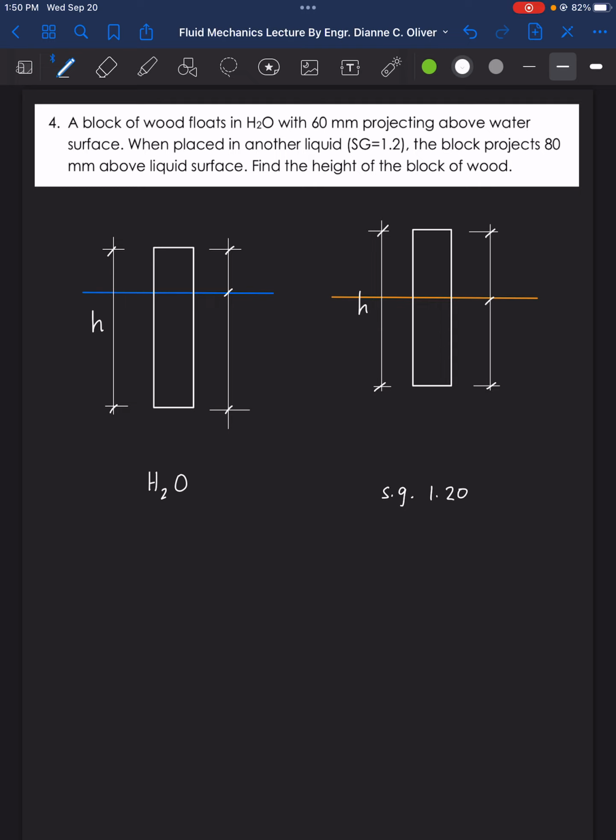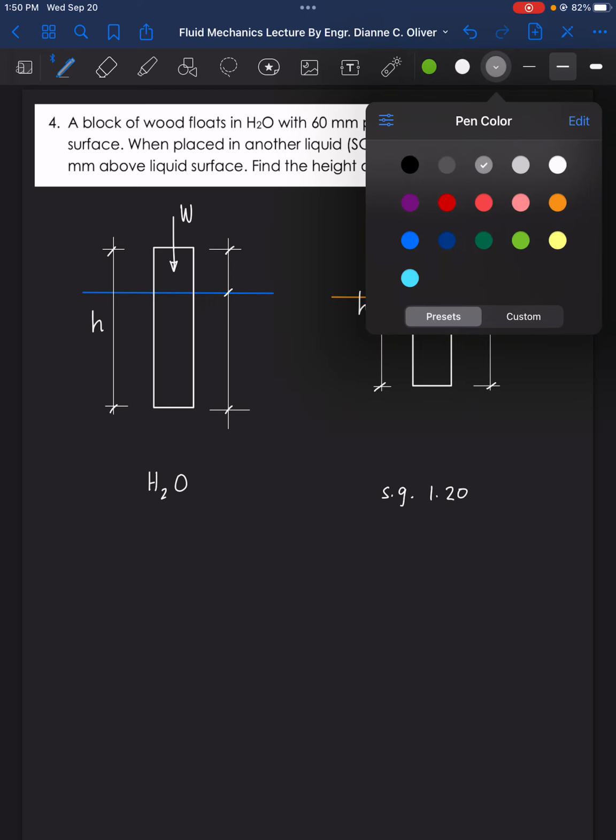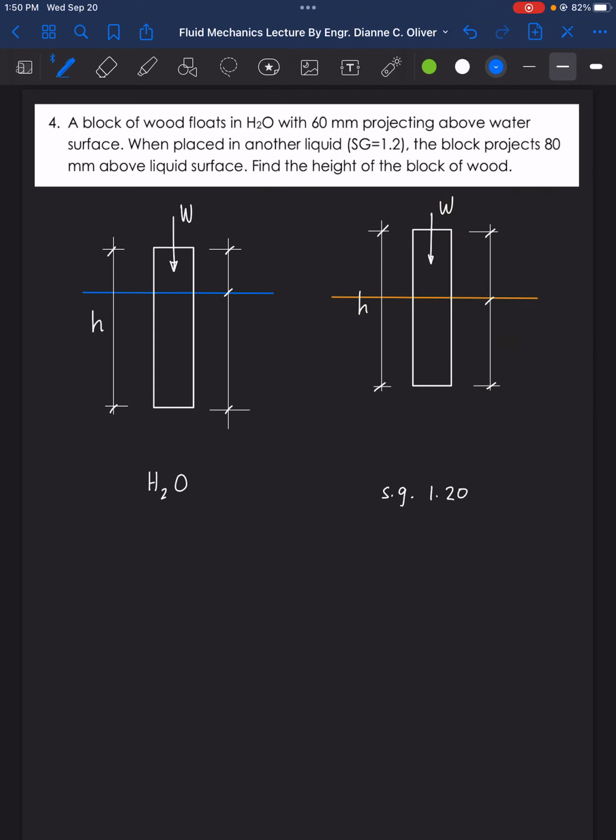So using our principles in buoyancy, we have the same weight W because we have the same material. But there will be a different buoyant force: this is buoyant force 1, and this is buoyant force 2. The reason is that the wood is in different liquids.